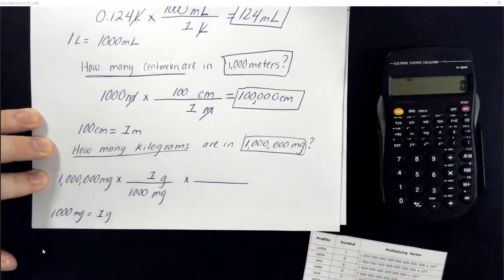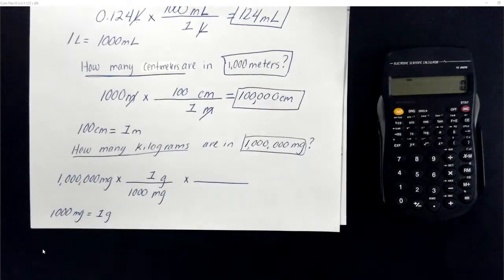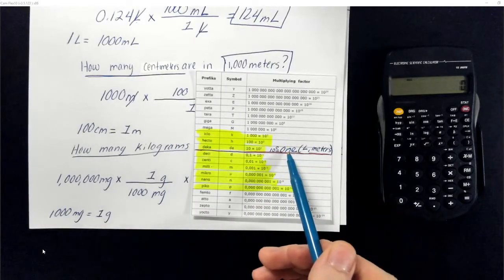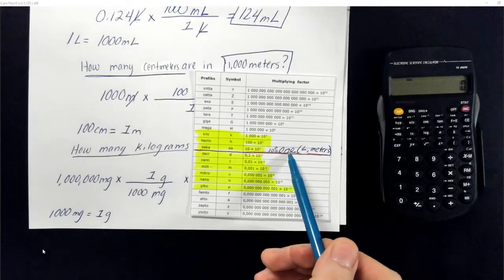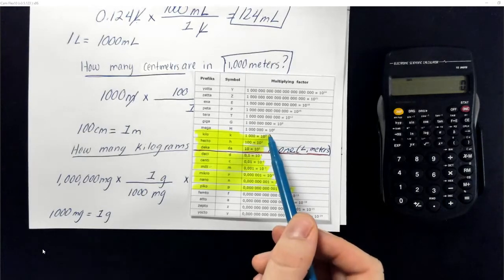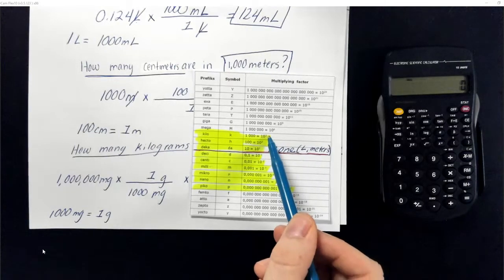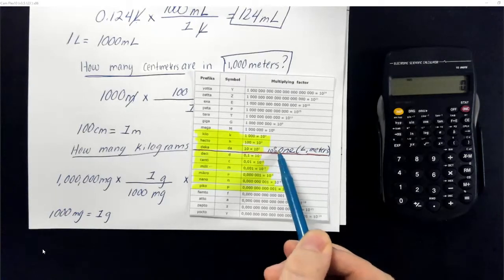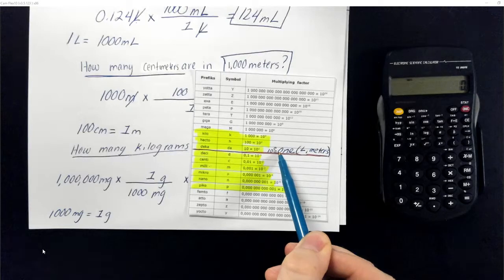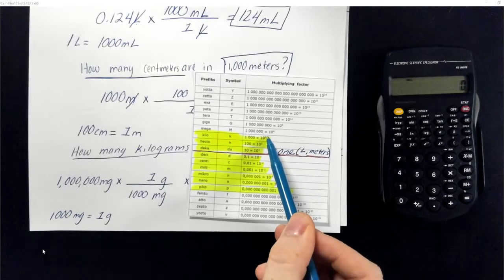I need another conversion factor. I'm now at the base grams, so now I need to go to the kilograms. What is the conversion factor between the base gram and kilogram? There are 1,000 grams in 1 kilogram.